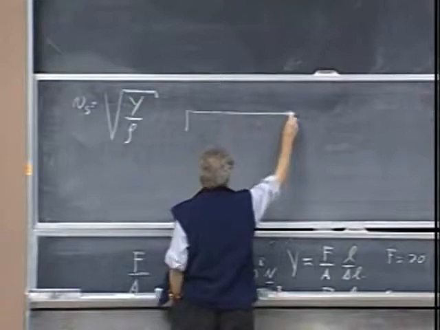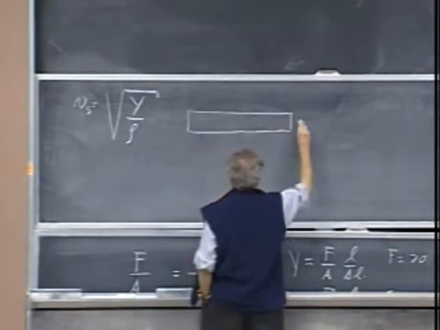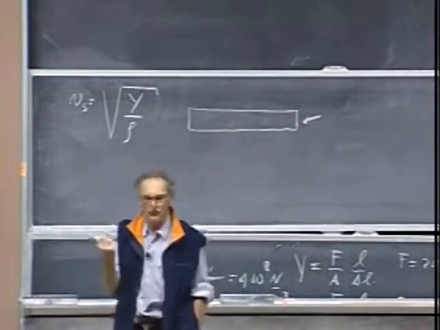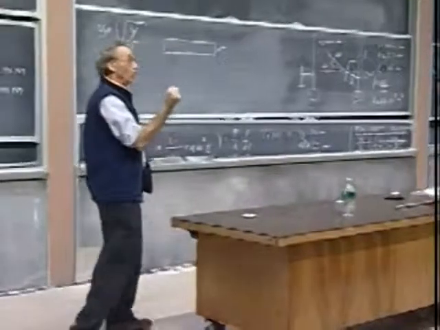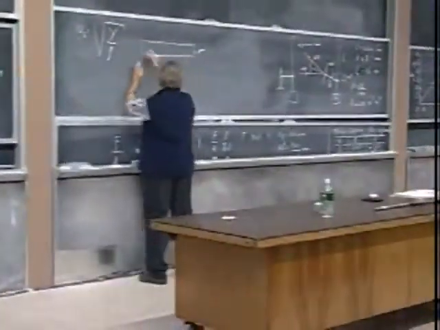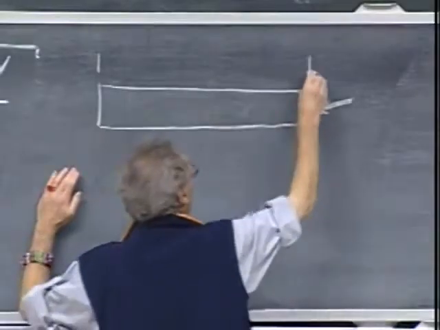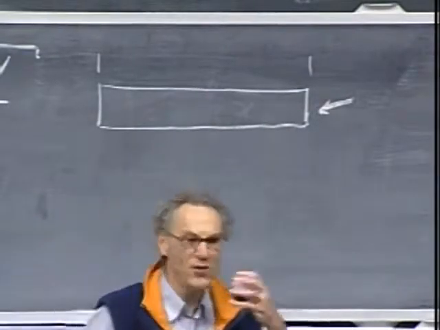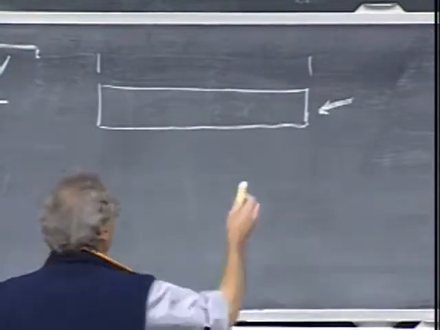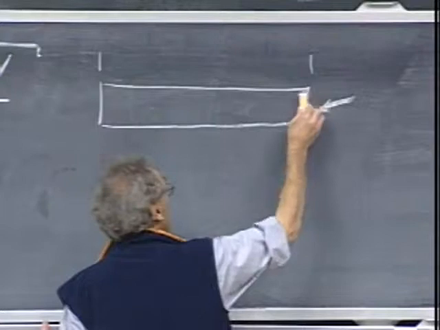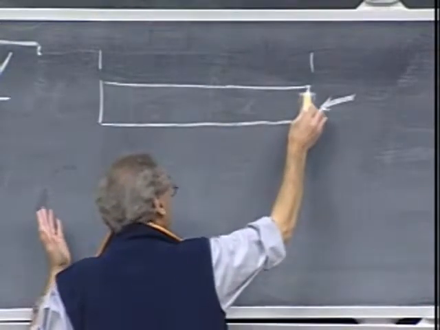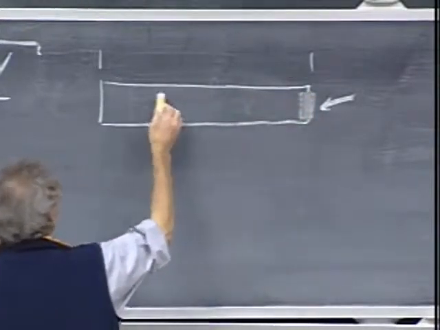If I have here a rod, a bar, and I give this bar a bang, I hit it. If this bar were infinitely stiff, that means Young's modulus were infinitely high, then the bar would instantaneously move here when I hit it there. But if the bar is not infinitely stiff, if it has a certain amount of elasticity, then what happens is I hit it here, and I produce here some kind of local increased pressure, which is going to propagate to this end.